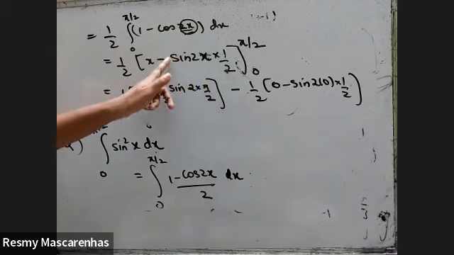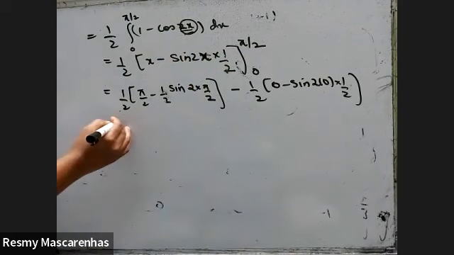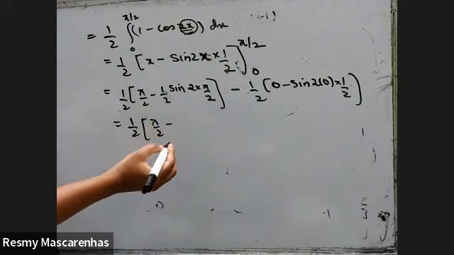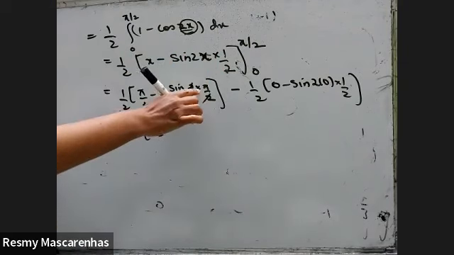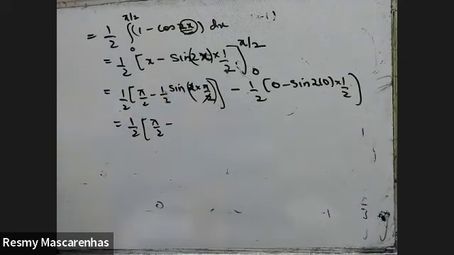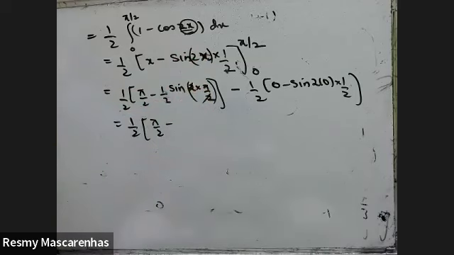This half I'll just write in front. This 2 and 2 will cancel because you are substituting inside. This 2x, so this x I'm putting as pi by 2, so this will cancel.